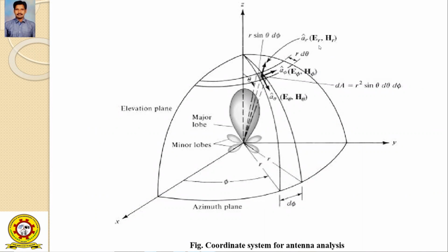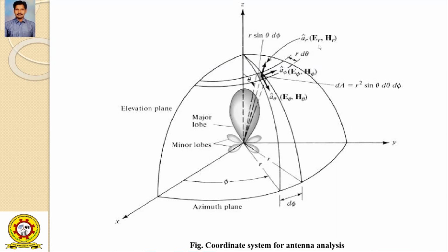Consider the Cartesian coordinates x, y, z, where the xy, xz, and yz planes are available in the picture. It is a spherical coordinate system where the coordinates are r, theta, phi.